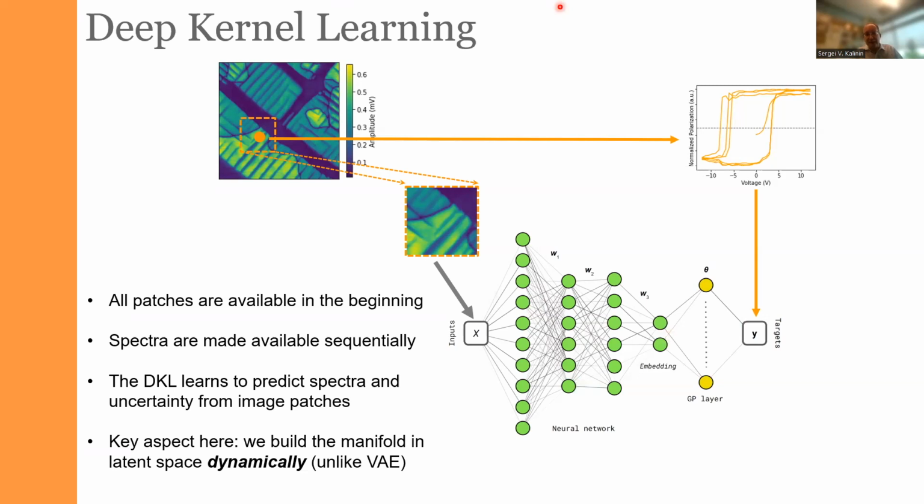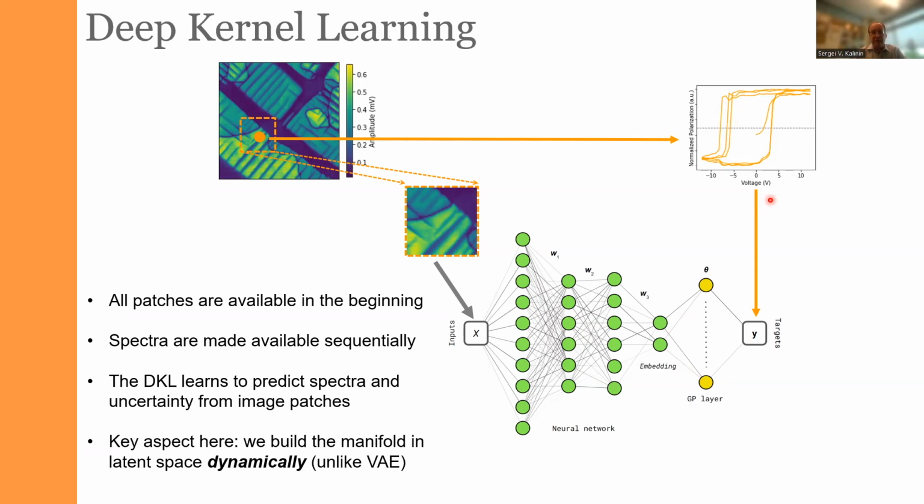Comparatively, the latent space of the deep kernel learning are dynamic. So this latent space is retrained each time we give the network a new example. And in doing so, it finds the optimal embedding for our data. So this is the reason why in the examples that we worked with, the deep kernel learning works considerably better than the variational autoencoder.